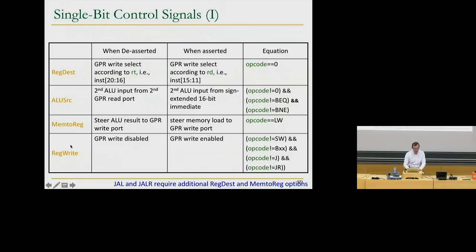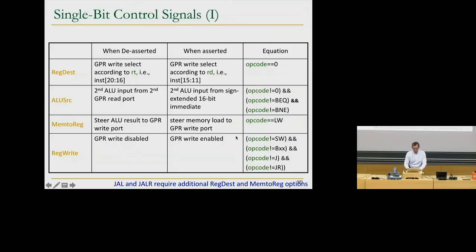Let's take a look at an easy one, which is register write. So register write means that should you enable the reg write signal into the register file? Are you writing to a destination register? How can you generate this control signal with combinational logic? Well, this actually shows you how you do it.